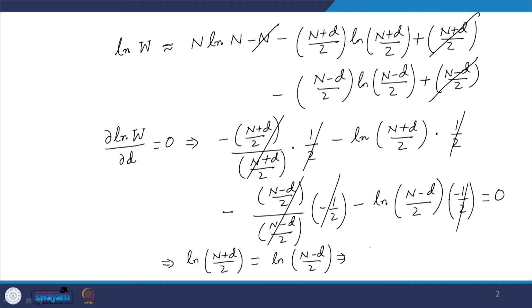That means for the most probable distribution, let me call it d star, d star should be equal to 0, which should not come as big news because the probability of going to the right is the same as the probability of going to the left. So, the most probable displacement is equal to 0.